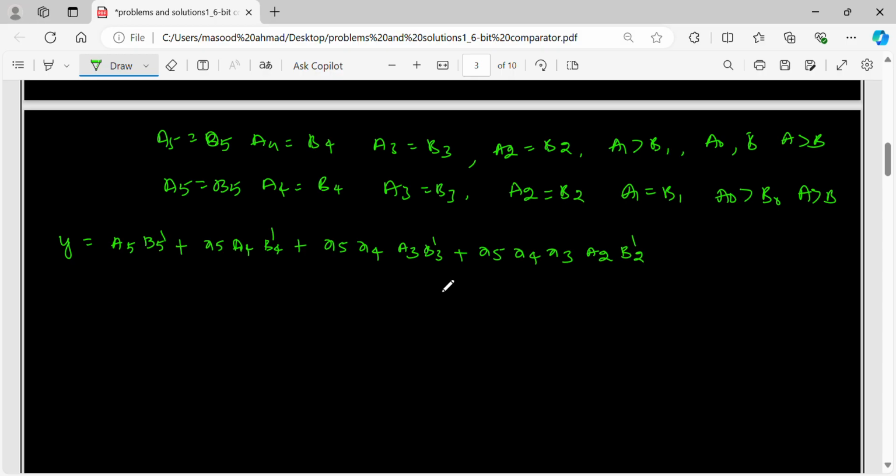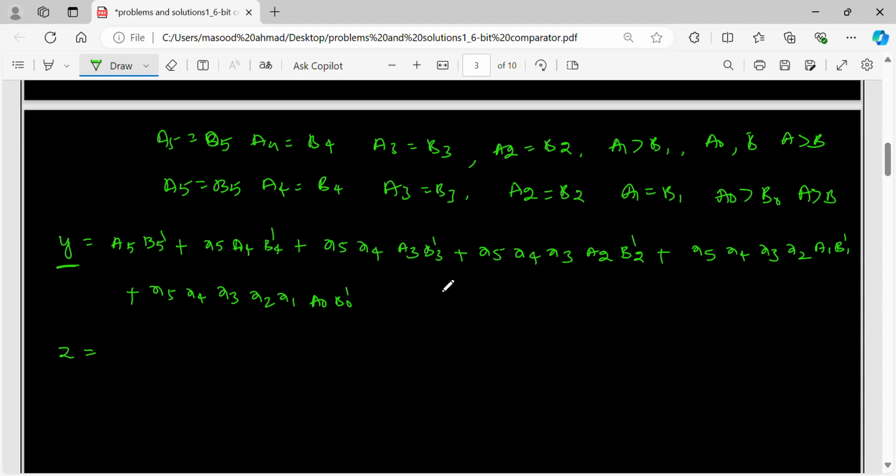That means A2 is 1, B2 is 0, then A is greater than B. Similarly, X5 X4 X3 X2 A1 B1 bar, or X5 X4 X3 X2 X1 A0 B0 bar. This is the expression for Y.